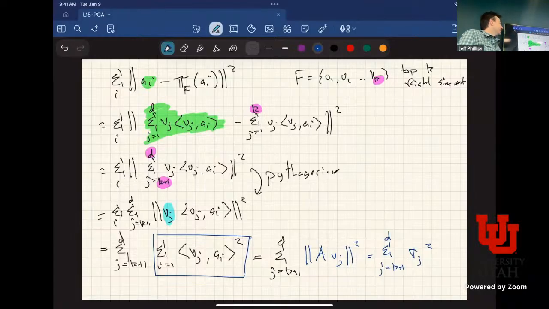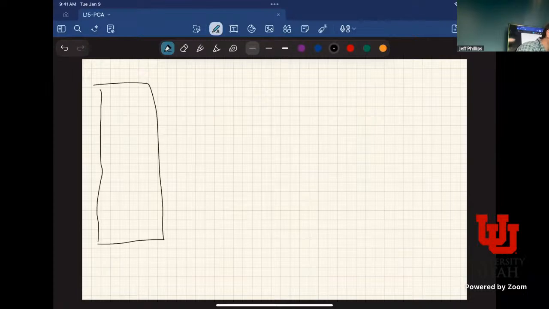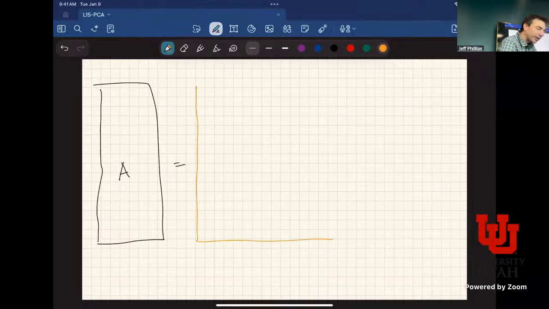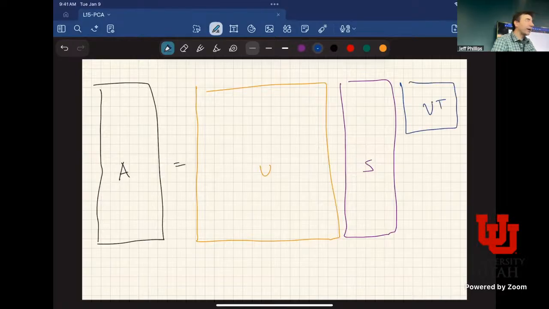Okay, so let me draw this picture again and try to summarize what's happening in the picture. Hopefully this will review some, or at least help with the intuition a little bit. This one was S and V transpose.